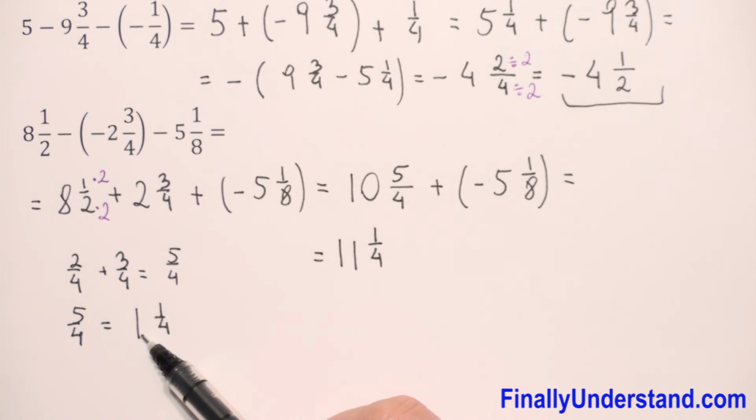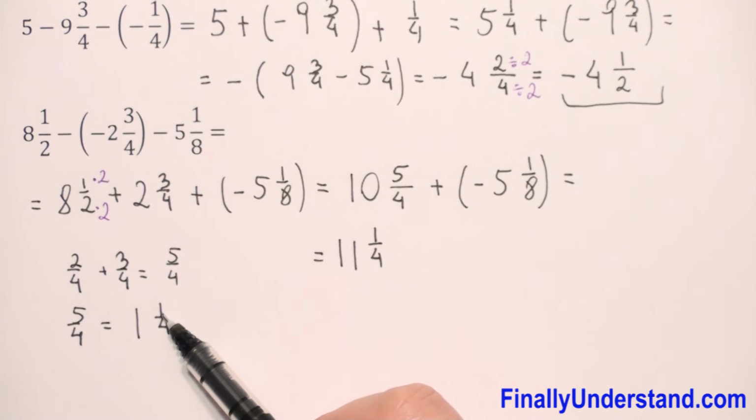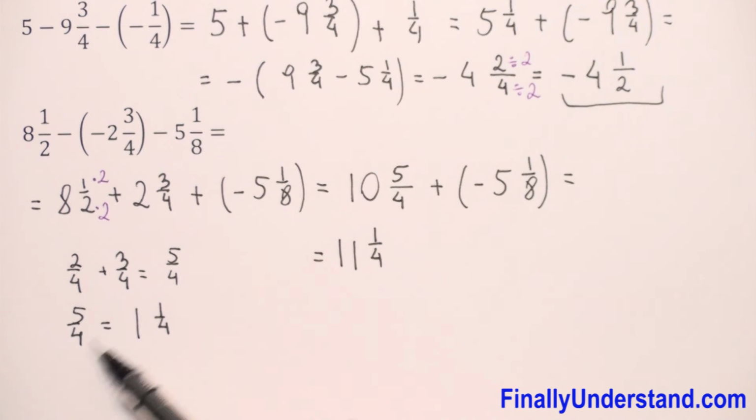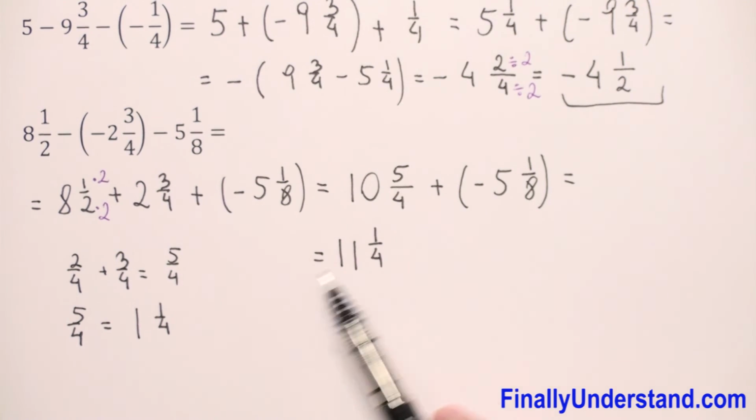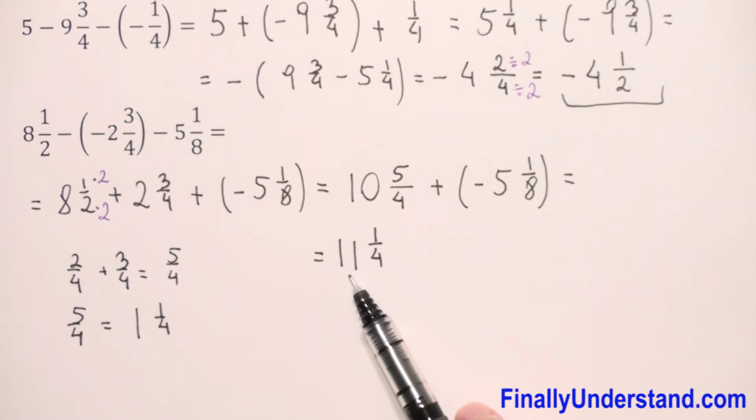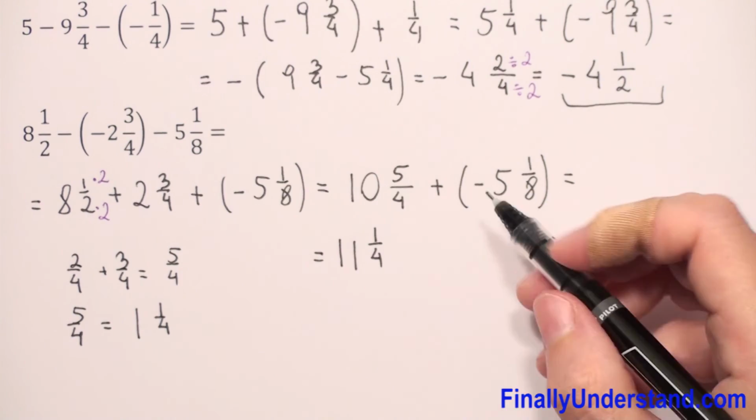So 4 times 1 is 4 plus 1 is 5. So we have 5 over 4. I didn't change anything. I still have the same, but we have improper fraction. I changed this improper fraction to mixed number. And now 5 over 4 is 1 and 1 over 4. I add to 10. So this is 11 and 1 over 4.